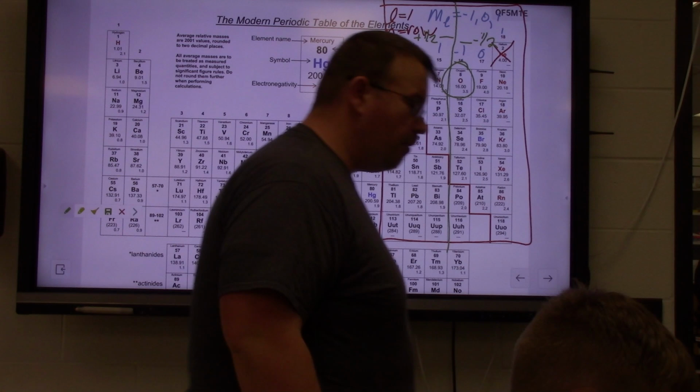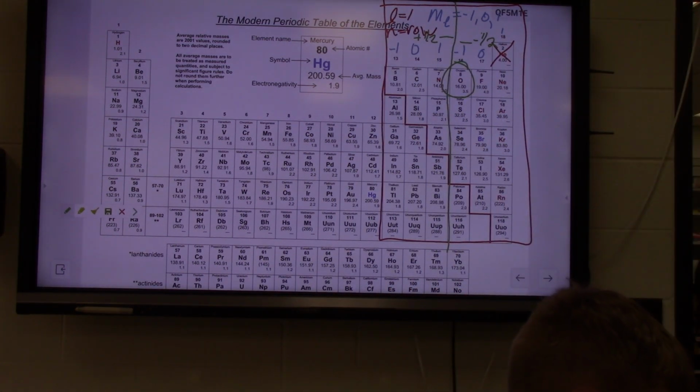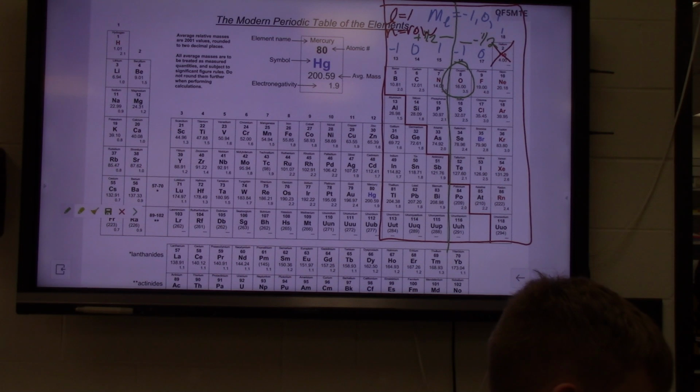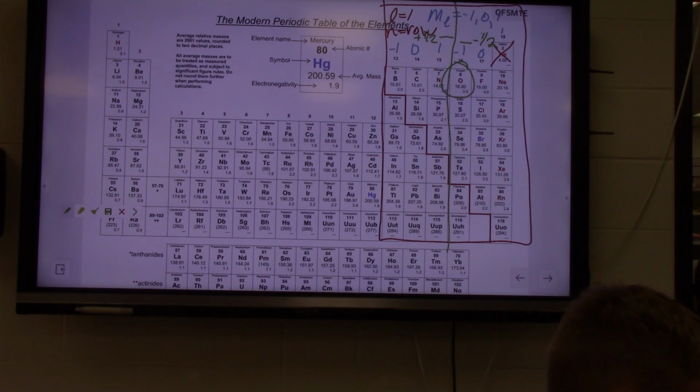So we're going to get the 4 quantum numbers for oxygen now. We look at oxygen, we start with the block. Oxygen is in P block, which means L is 1.